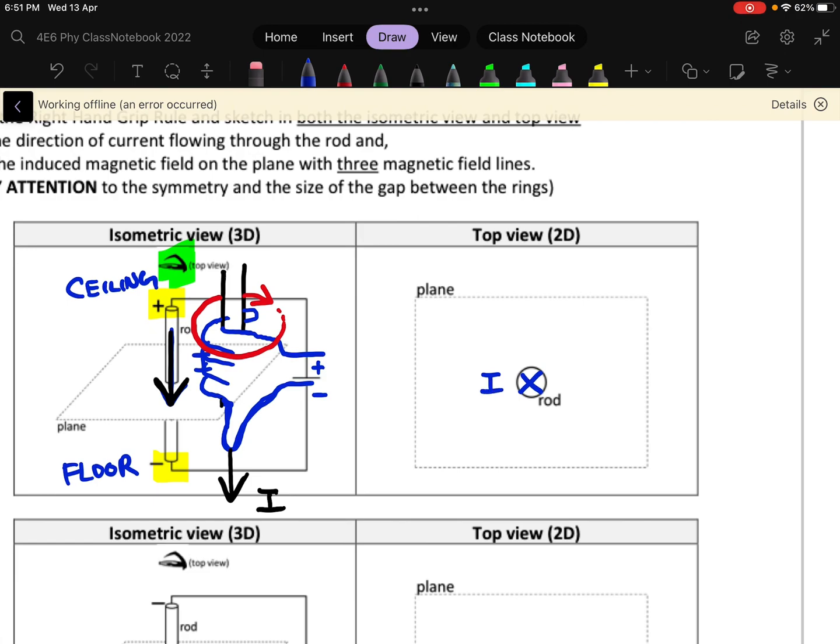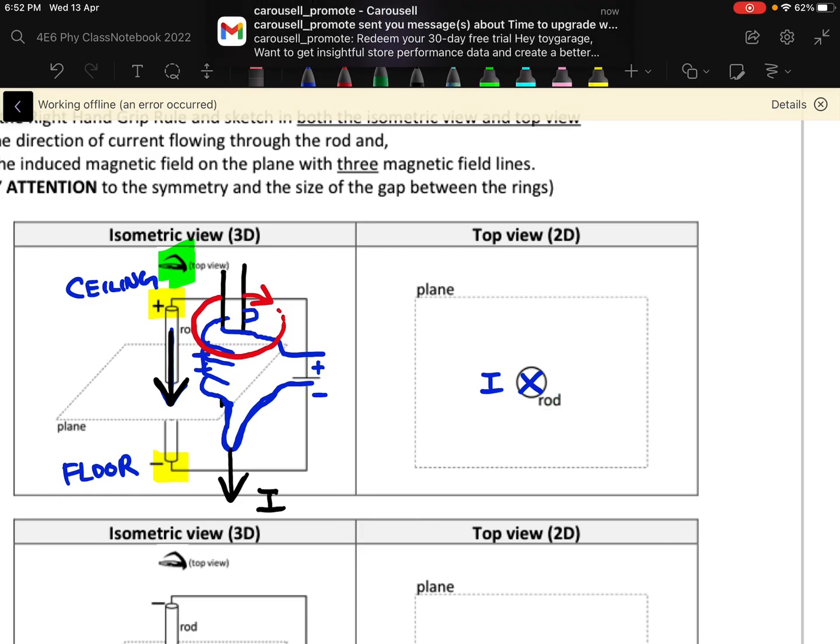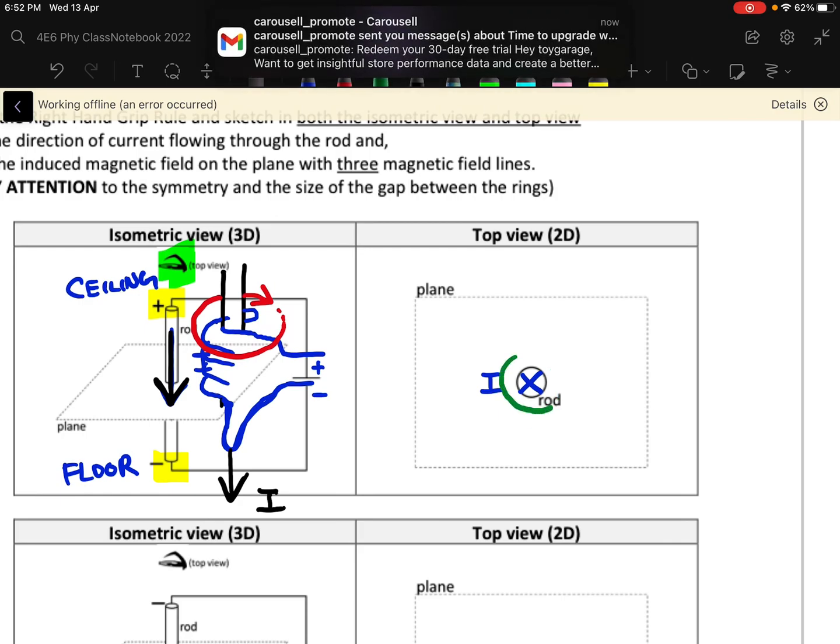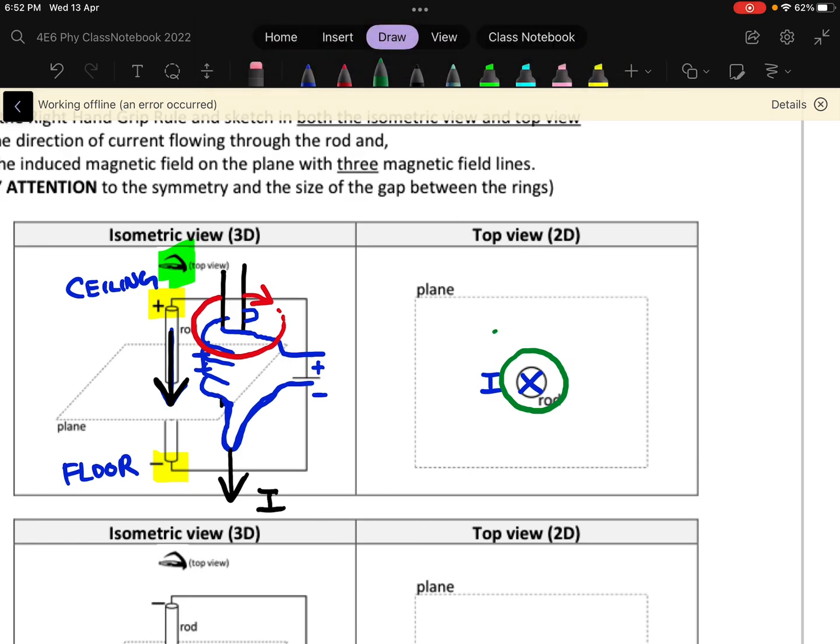So this is your eye, correct? Then using your right hand grip rule, you know that it is going to be circular. No need to draw too many, about 3 rings will do. Just make sure that the gap between the rings gets bigger and bigger.